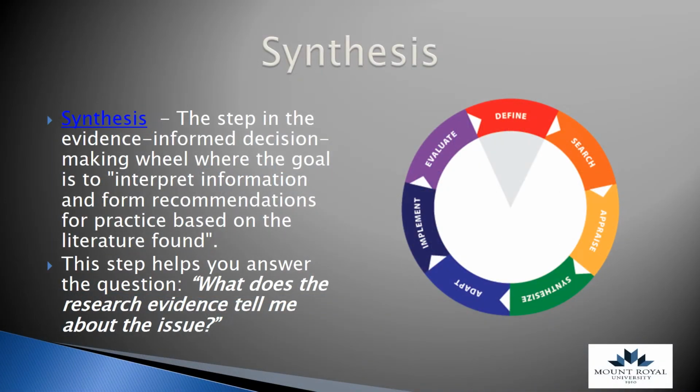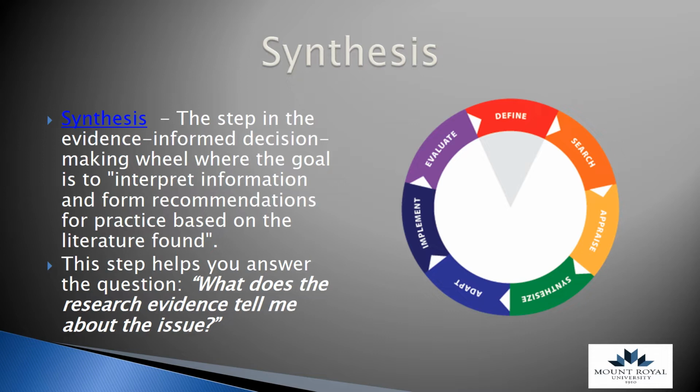So what is synthesis? Well, as I mentioned, it is a step in the evidence-informed decision-making wheel. It follows define and search and the appraisal piece. Now we've completed those two steps, we're ready to synthesize that literature. So the goal with synthesis is to interpret research information and literature to form recommendations for practice based on the findings from that literature.